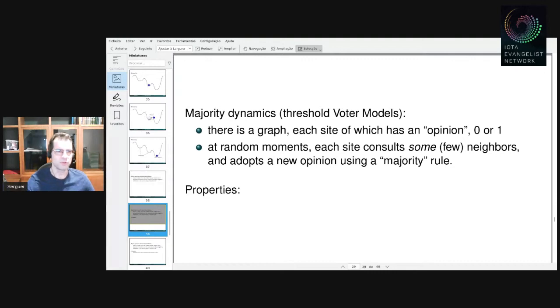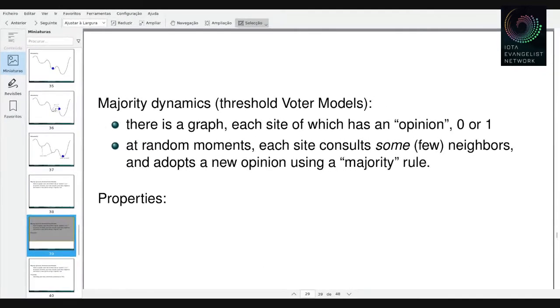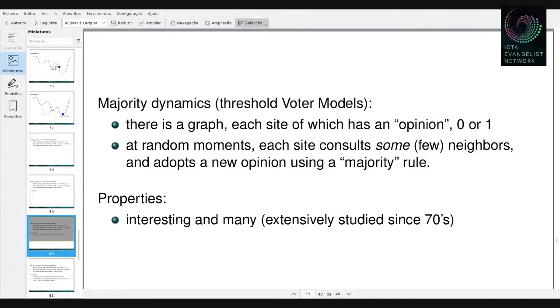This class of models has many interesting properties. They were introduced in the 70s of the last century, so it's more than 45 years by now, and they have been studied really a lot since then.